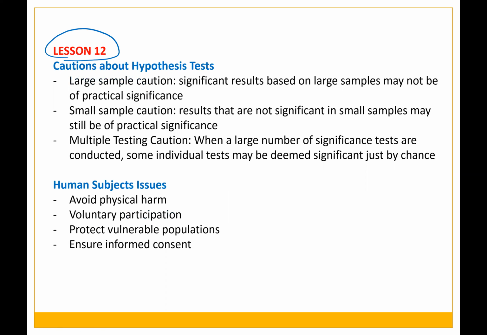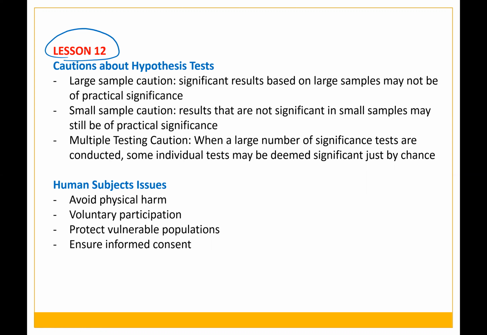Now lesson 12, which is also the last piece of material that we have here, is some cautions about hypothesis tests. The first one is the large sample caution. As we mentioned last week, a significant result based on a large sample may not be of practical significance.